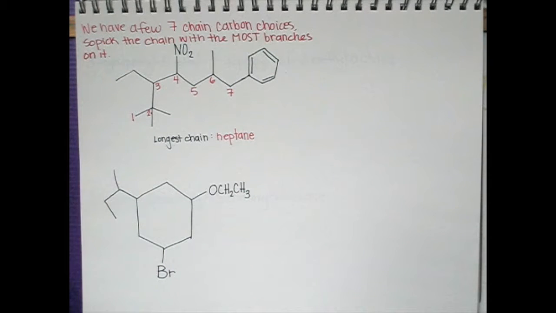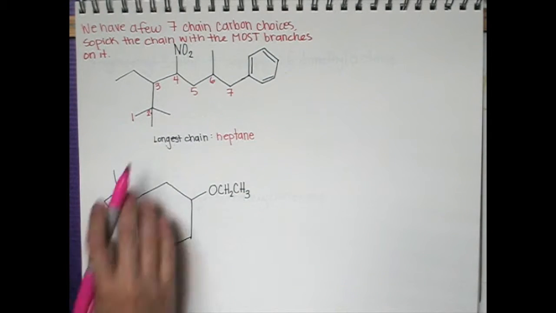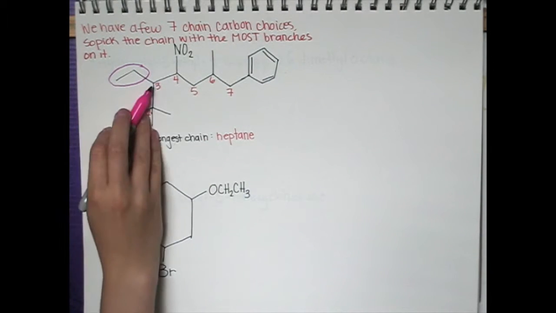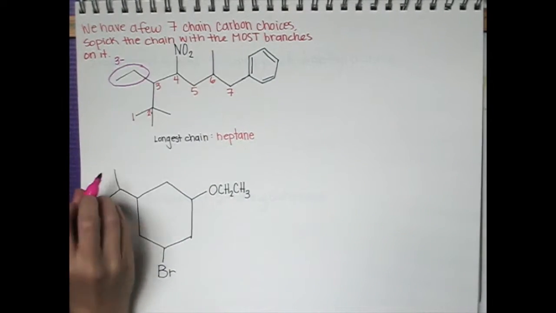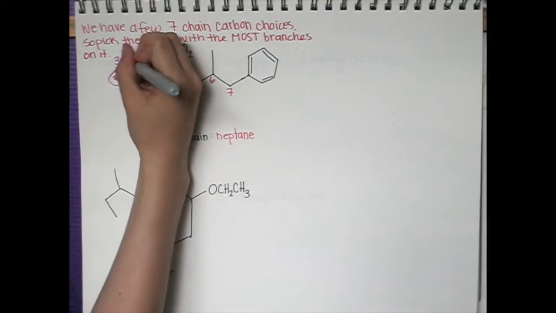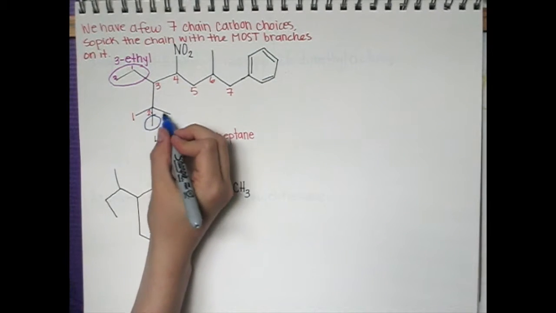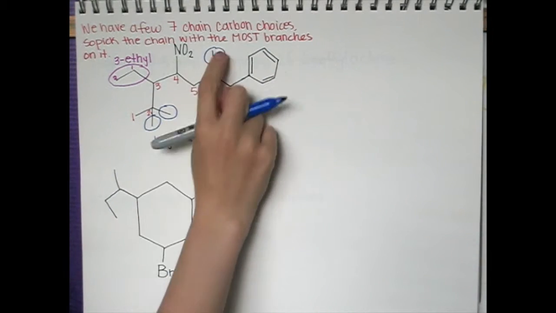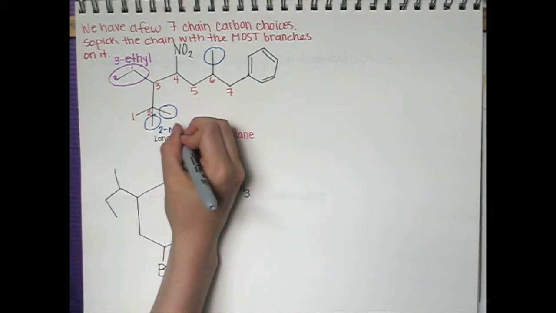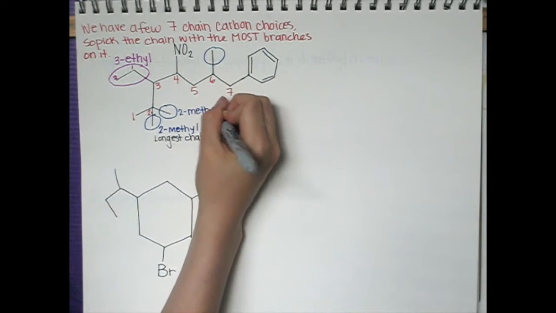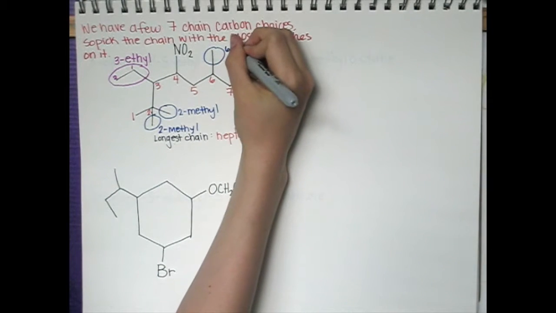Hept is for 7, ane is for the longest chain. I'm going to start to circle my groups and name them. So I have 2 carbons there, it's called an ethyl. It's coming off carbon number 3. I have 3 1-carbon groups, so we have a 2-methyl, a 2-methyl, and a 6-methyl.